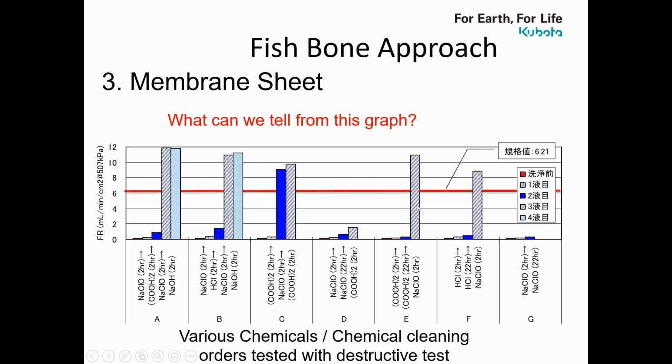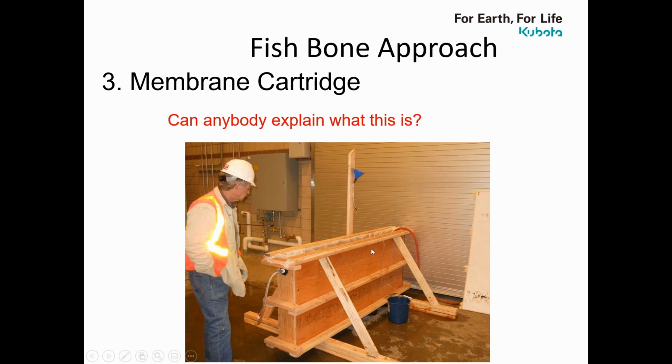We had another plant that had very hard water that used acid first and sodium hypochlorite second. It worked pretty well. So there are some plants that need to use acid as well, but most of the plants, I think, use sodium hypochlorite, and that's good. I'm talking about troubleshooting. This is not a typical process, but if you need the help, please let us know. We can optimize your chemical cleaning process.